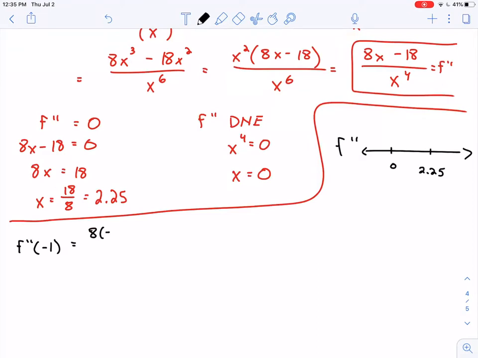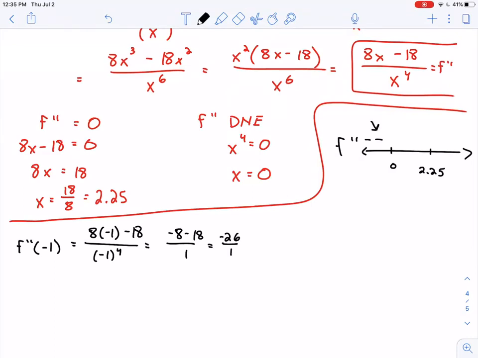This is 8 times negative 1 minus 18, all over negative 1 to the 4th. So negative 8 minus 18 all over positive 1. This is negative 26 over 1, which is negative. So my second derivative is negative.